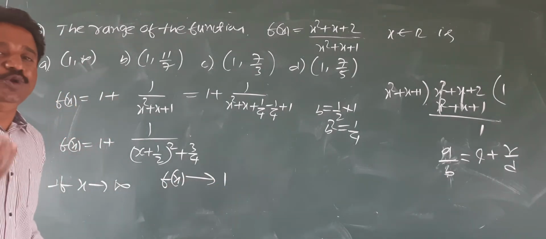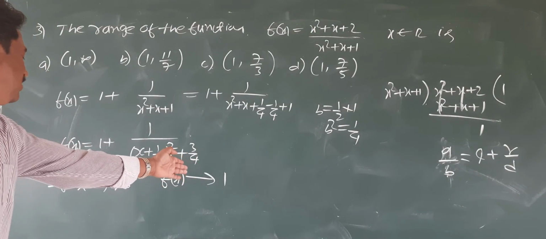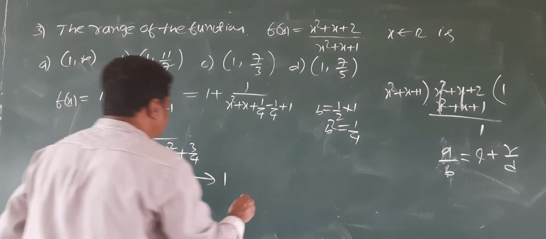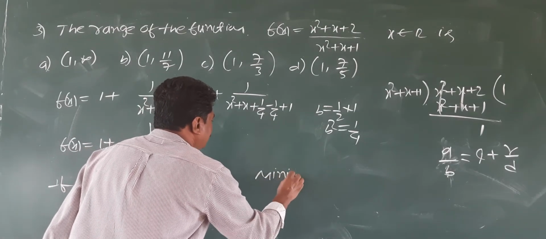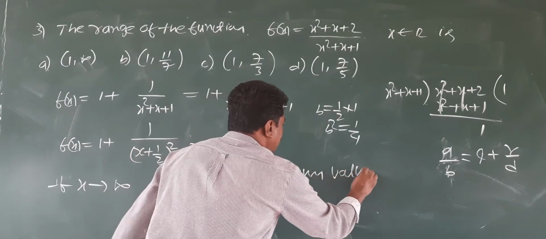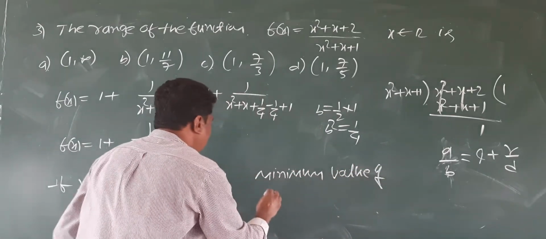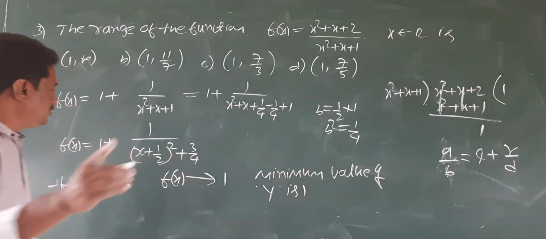That is the lowest fx value is 1, right? So the minimum value of y is 1.